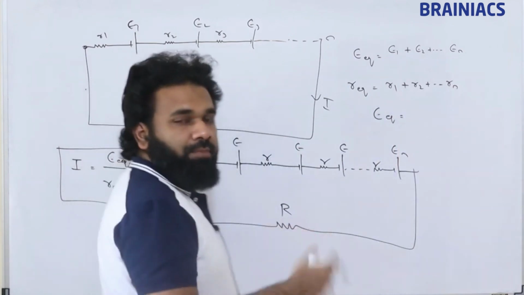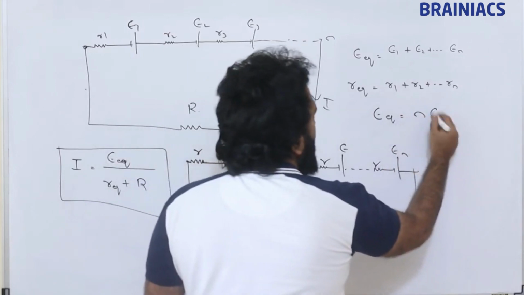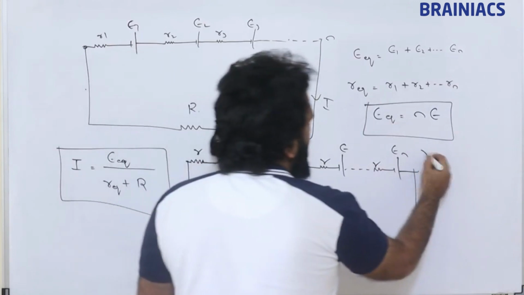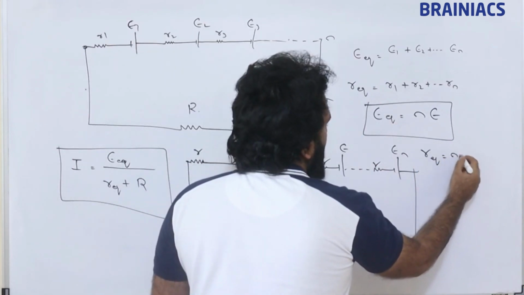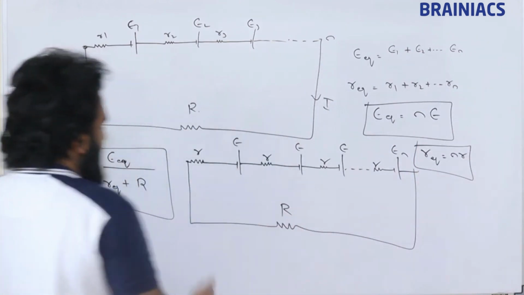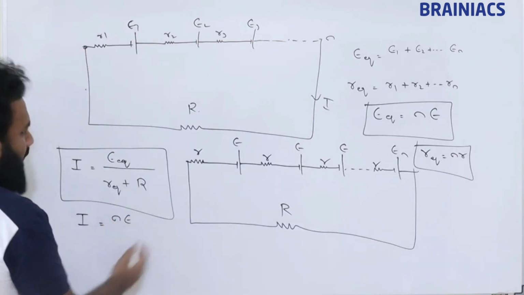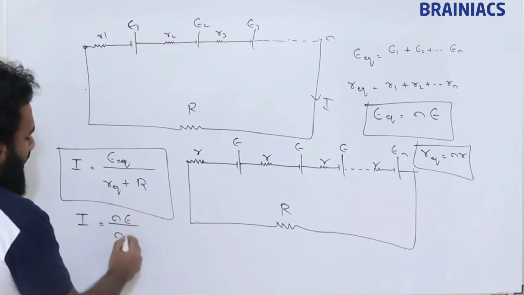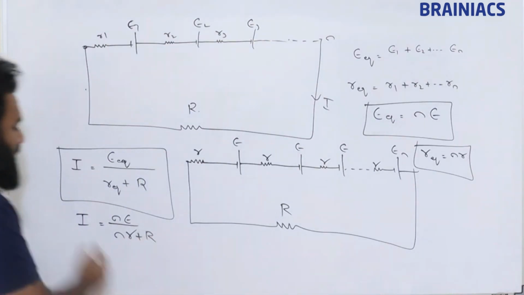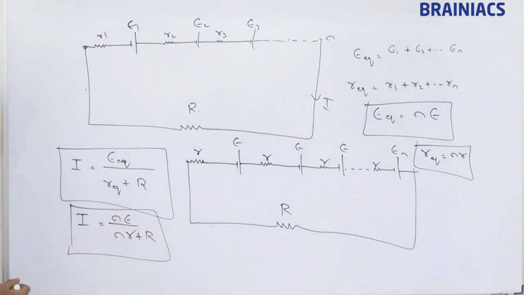E plus how many times? Up to N E's. So we will have Ne. This is E equivalent. What about R equivalent? R equivalent will be Nr. So in this kind of situation, what is the current? Current I is equal to Ne divided by Nr plus R. This is the current through the resistance.